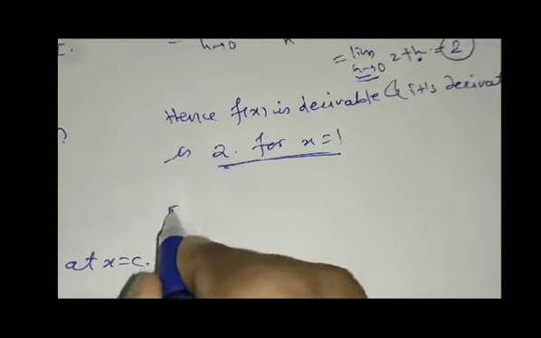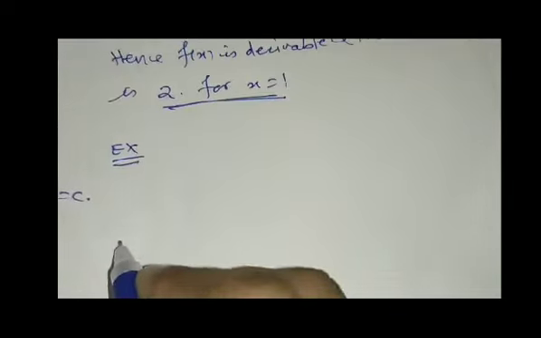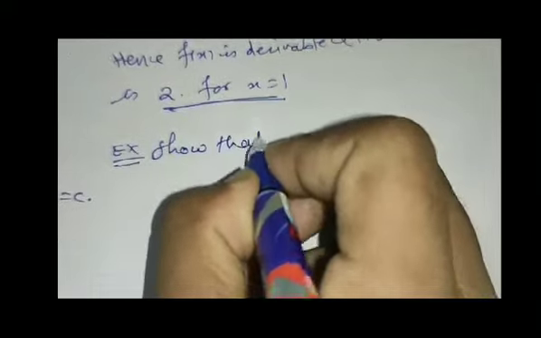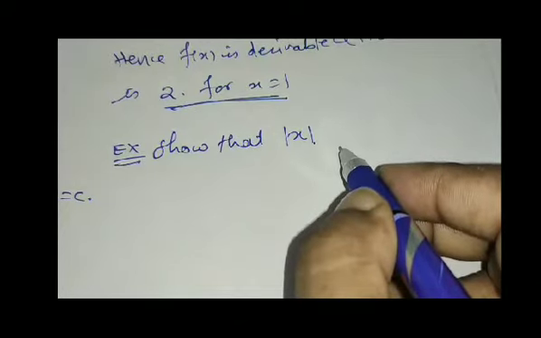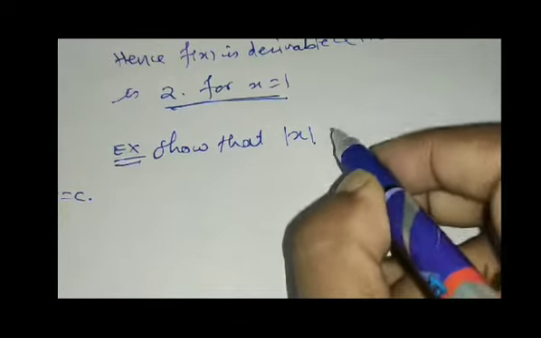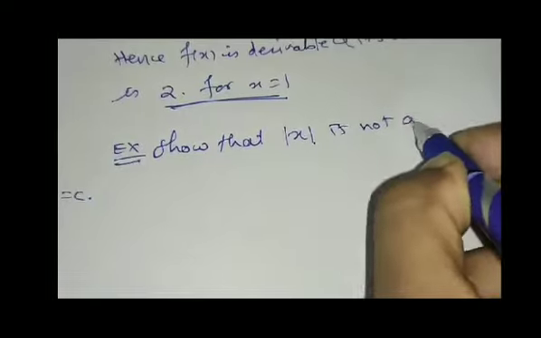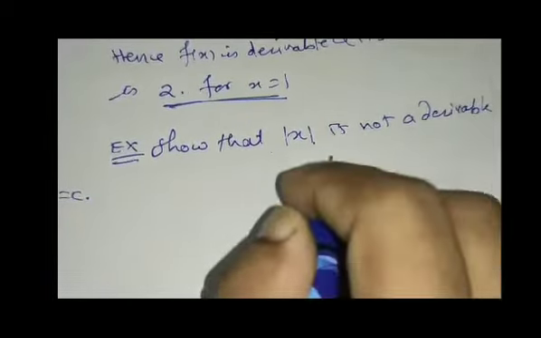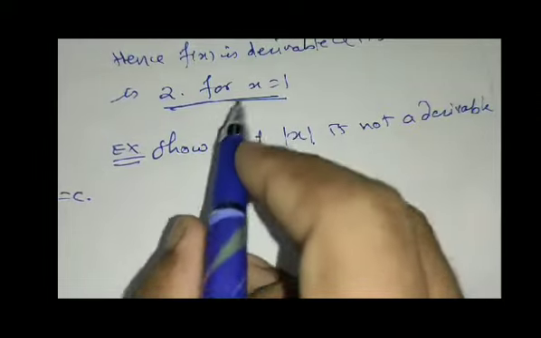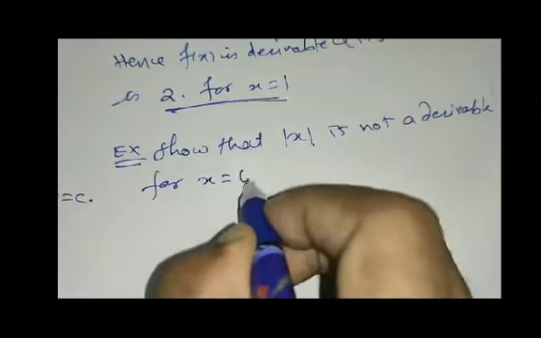Okay, one more example we discuss. Example: show that mod x is not derivable for x equal to 0.